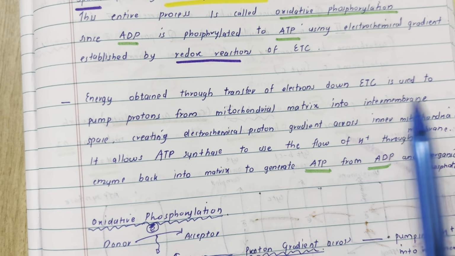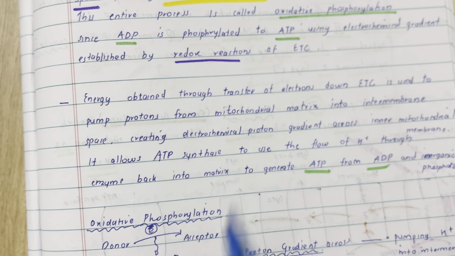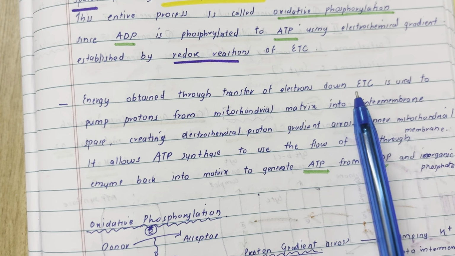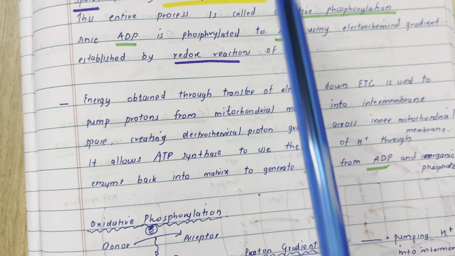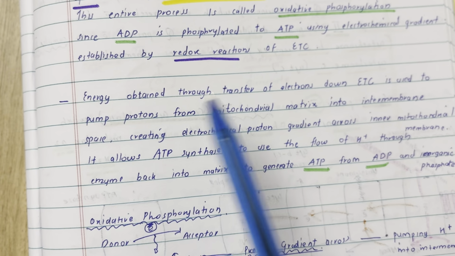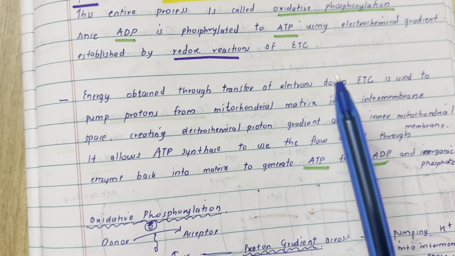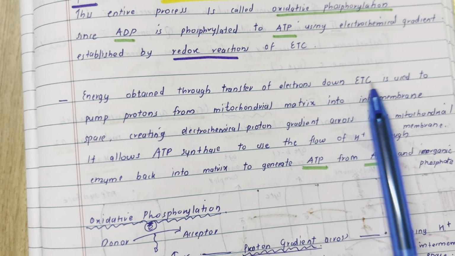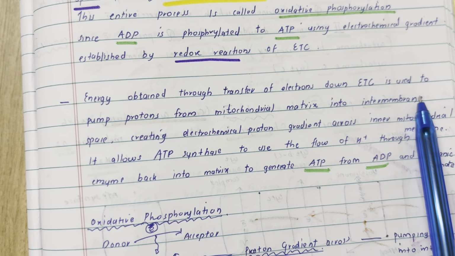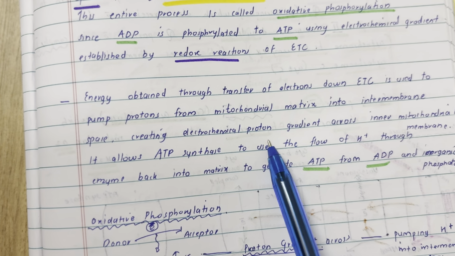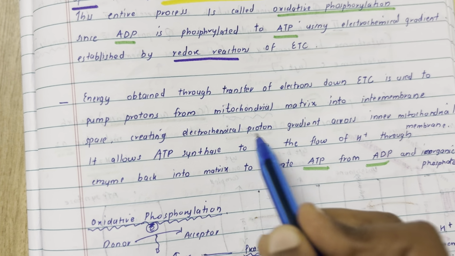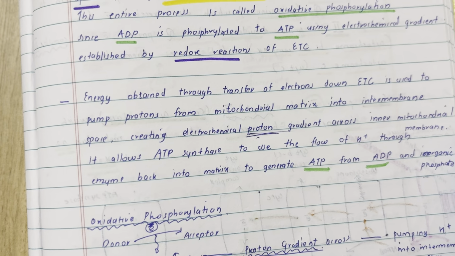The energy obtained from the transfer of electrons down the electron transfer chain is used to pump protons from the mitochondrial matrix into the intermembrane space, creating an electrochemical proton gradient across the inner mitochondrial membrane.